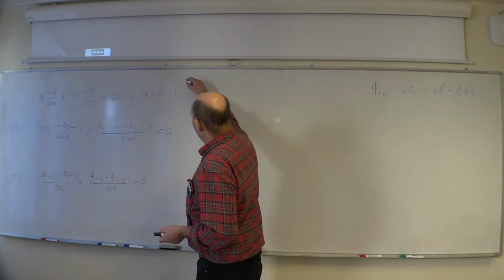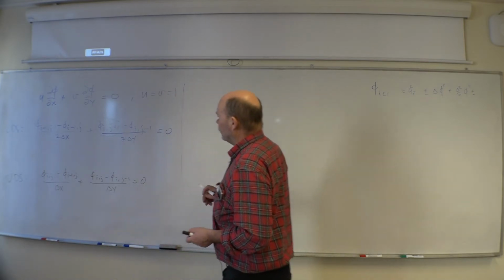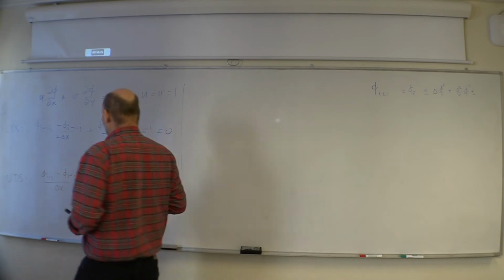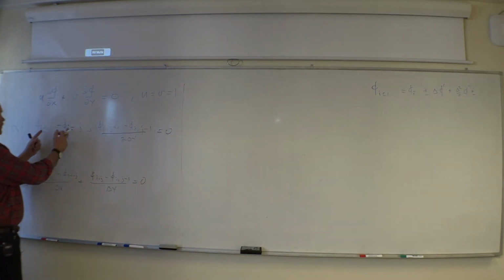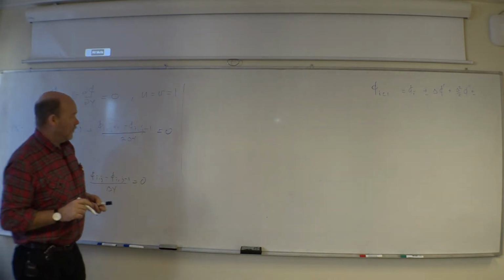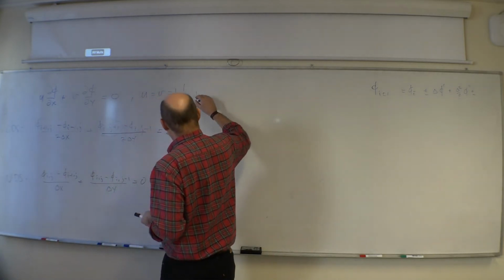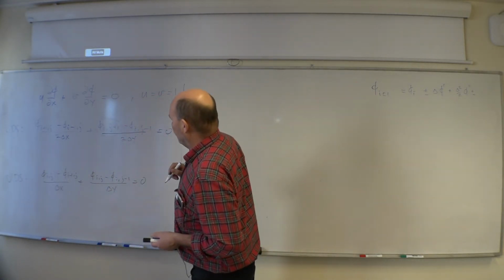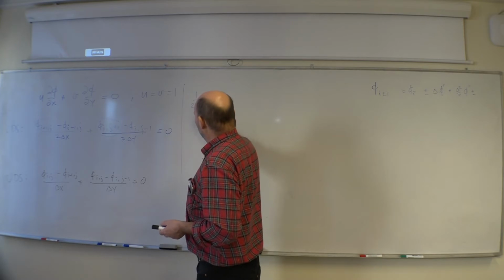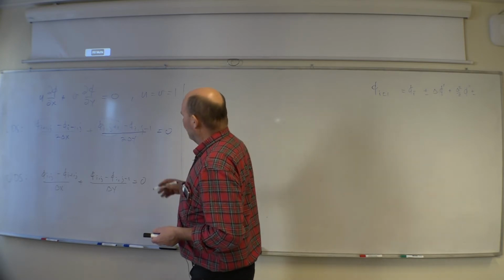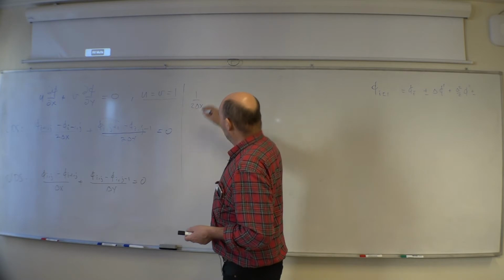CDS first. The modified equation for this one. You will have here the difference between the two series, and outside we have 1 over 2 times delta x. I have skipped the velocities, so forget about those.